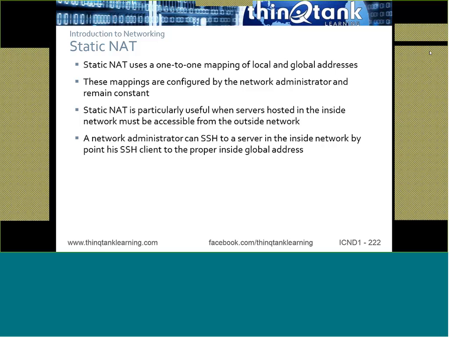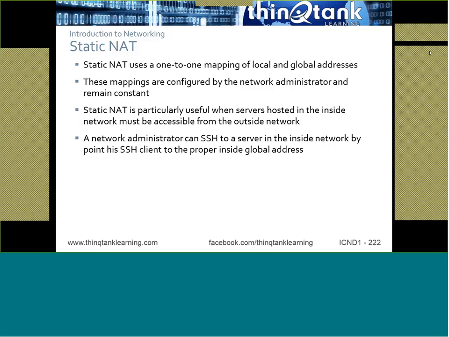Now with static NAT, that's not the case. In static NAT, we have mappings of 1-to-1. So for every inside local address, we have a single inside global address. You might think about that and go, well, that's great, but that doesn't really help me with preserving address space. Well, that's not really the point.